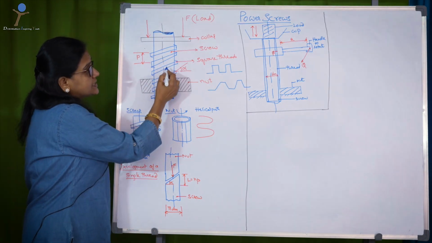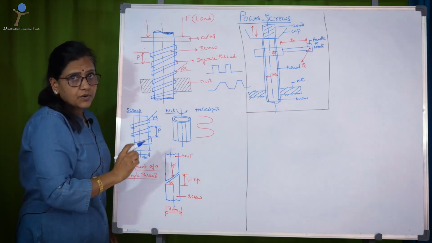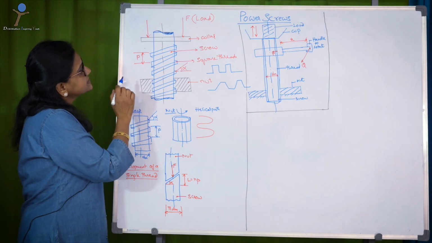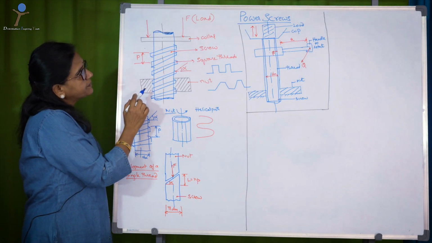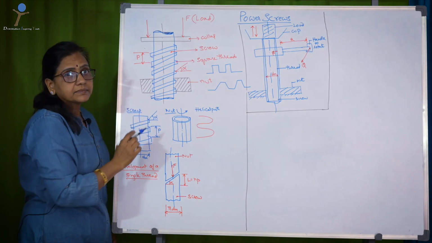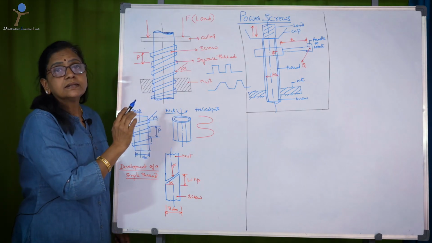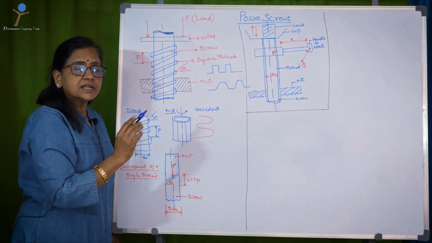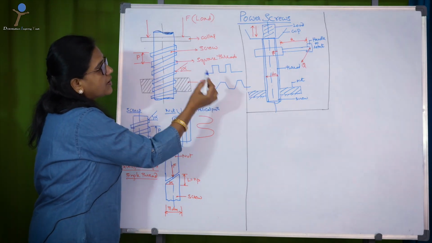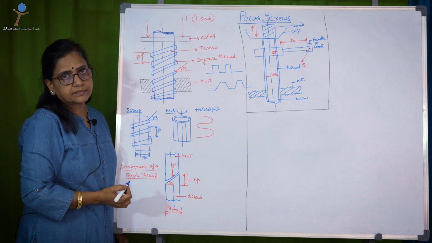So, these are the externally threaded rod. Then the next important element in a power screw is the nut. The nut will have internal threading, either square thread or acme threads.